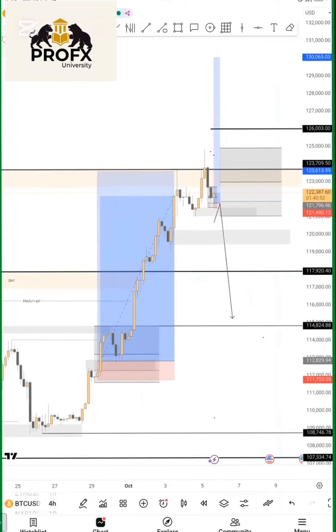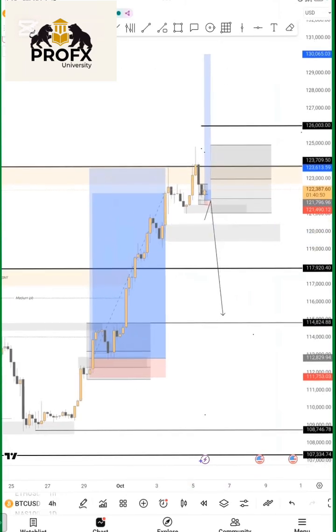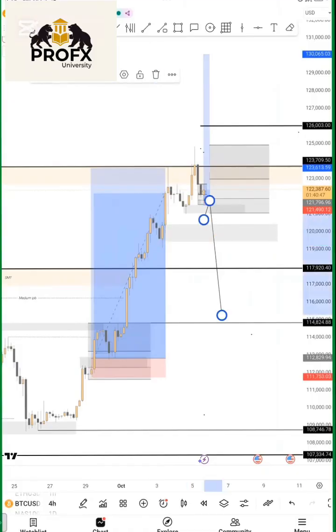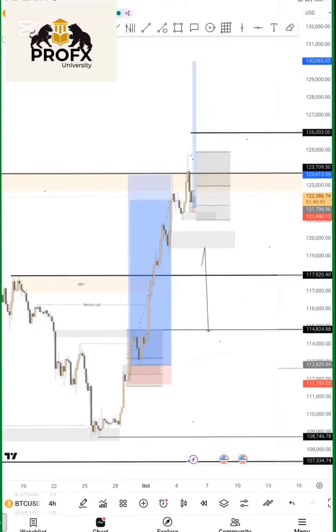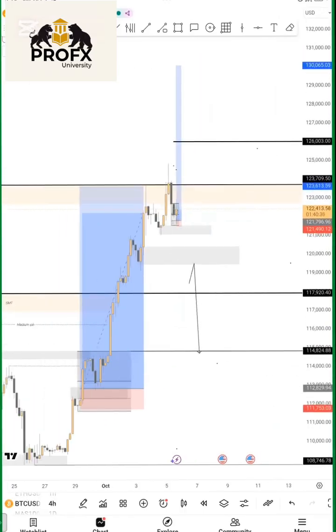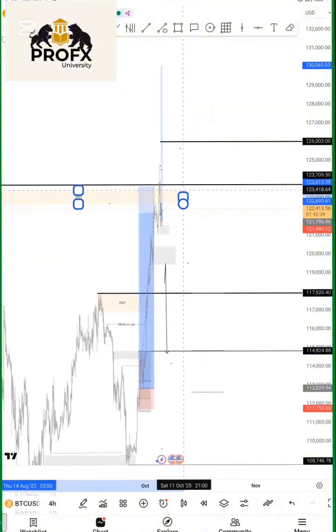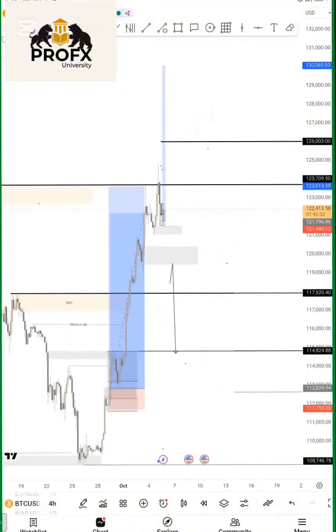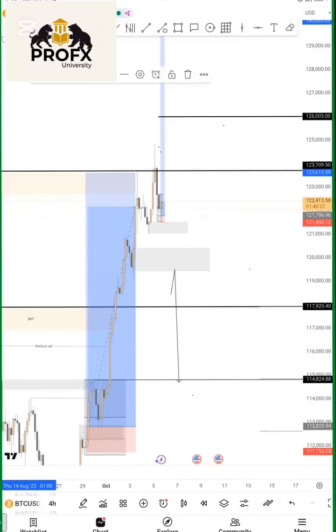So you see that this is actually a very good zone to trade. So now we are here, we are looking at this. Okay, or the market will just continue going up towards the upside.